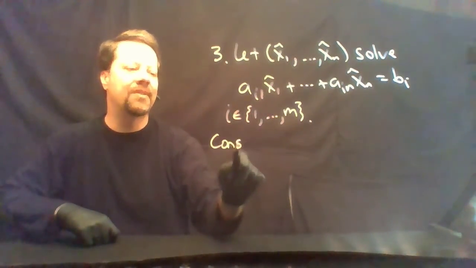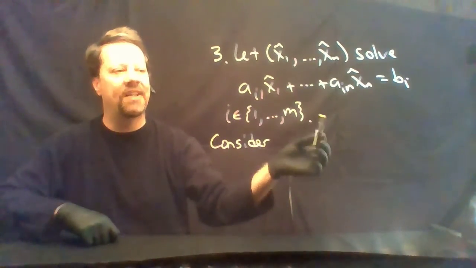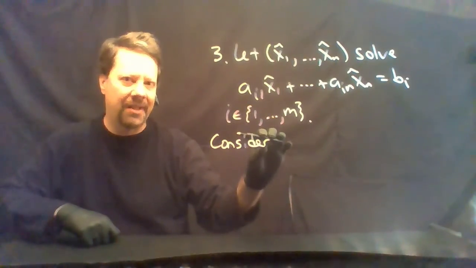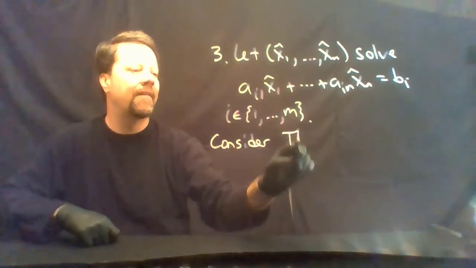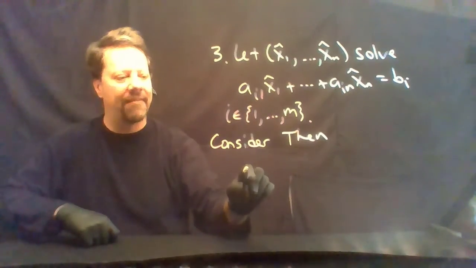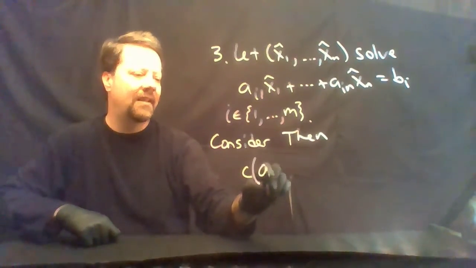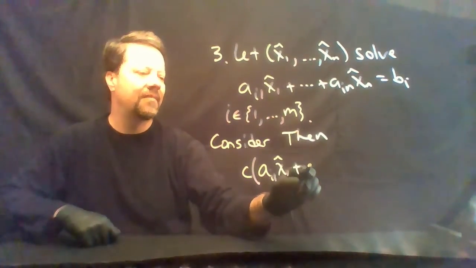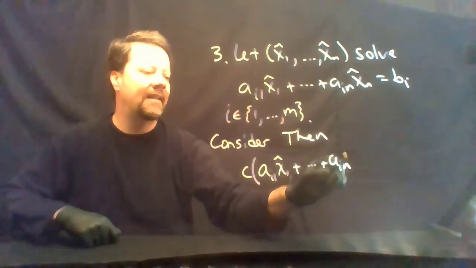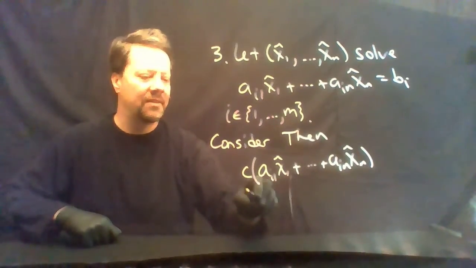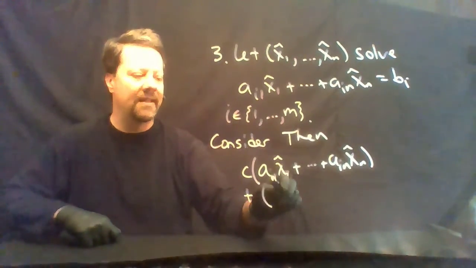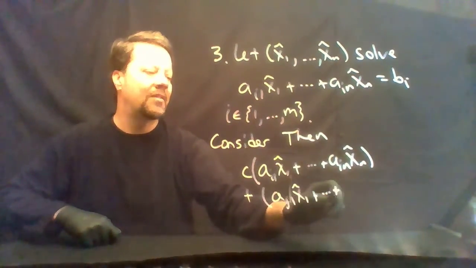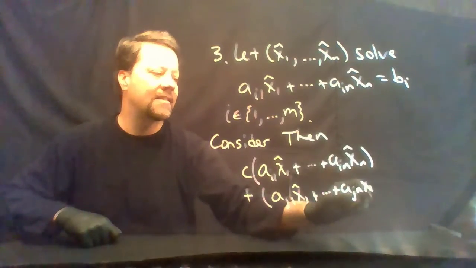We want to consider what happens when you take one row, multiply it by a constant, and add it to a different row. Then we'll have c times ai1 x1 hat plus ... ain xn hat plus the other equation aj1 x1 hat plus ... ajn xn hat.